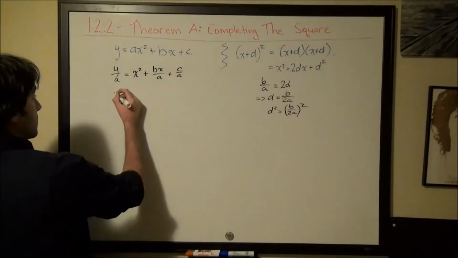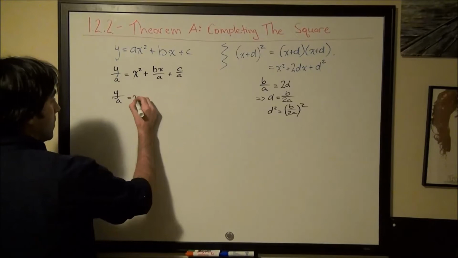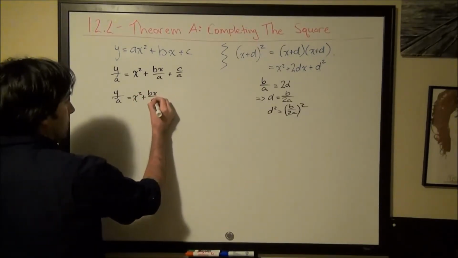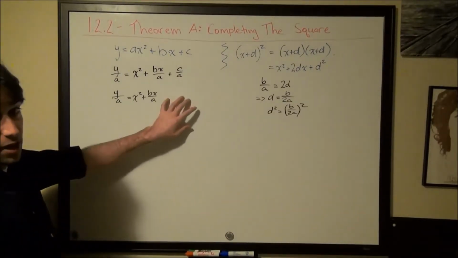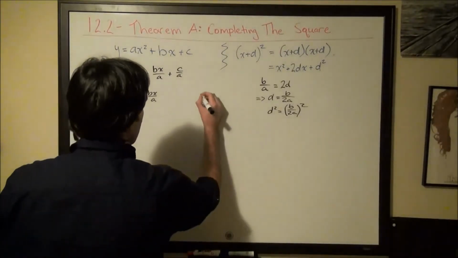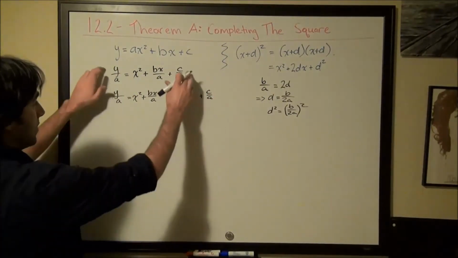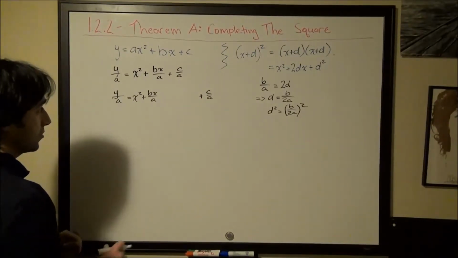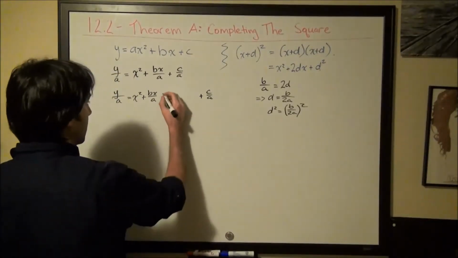First I'll write y over a is equal to x squared plus bx over a, and then I'm going to deliberately leave a little bit of a space here that I'll fill in a second. And I'll include the c over a. But this is exactly the same equation, and in order for both equations to be simultaneously true, this has to remain the same equation, but I need this term to be added in.